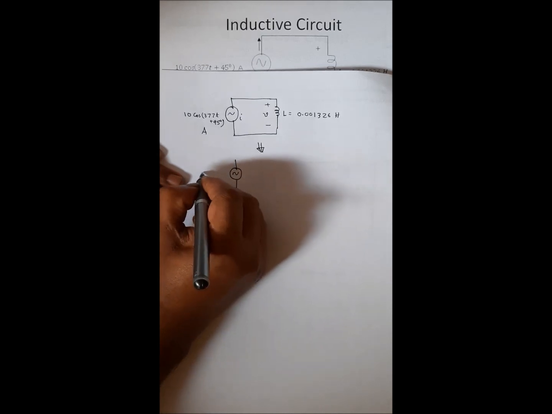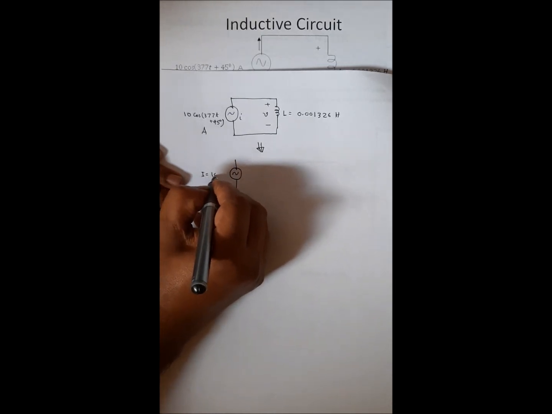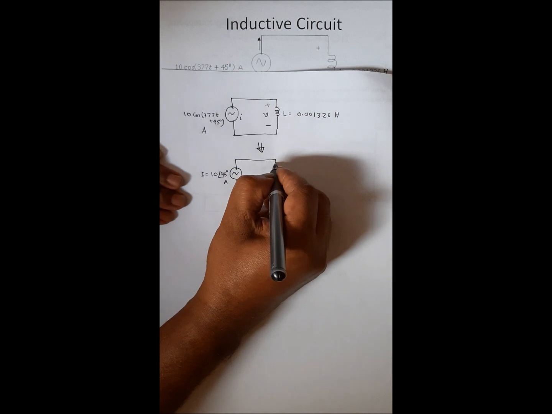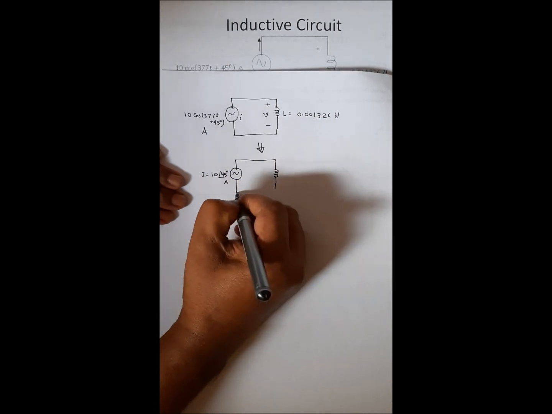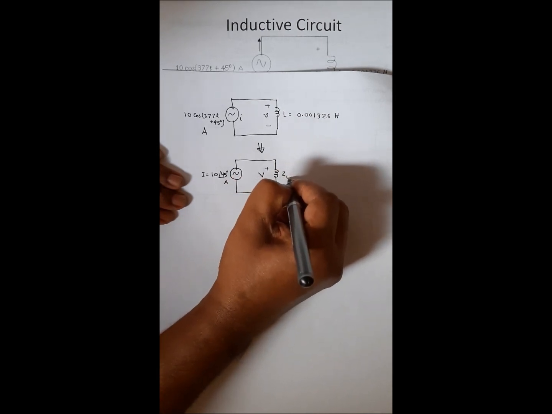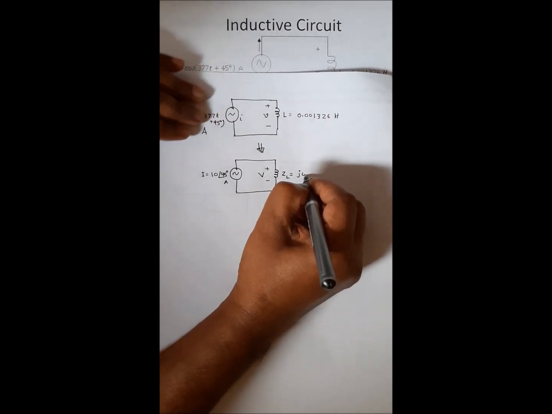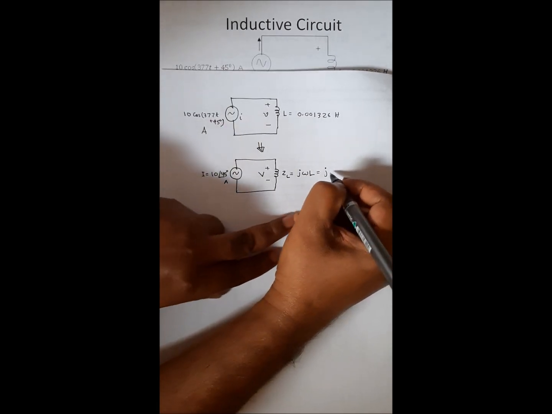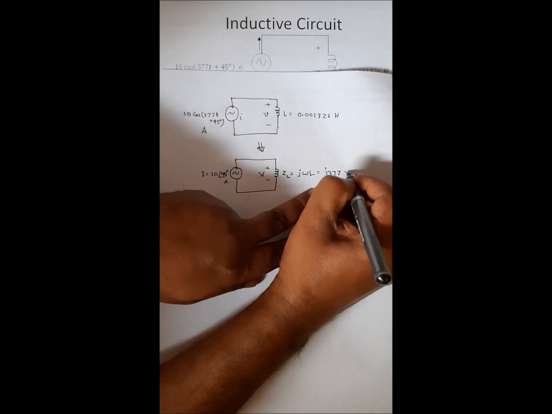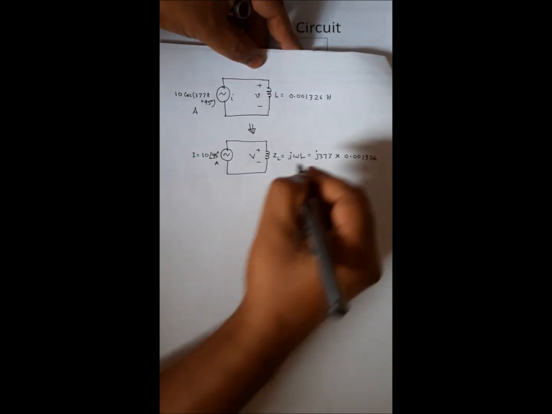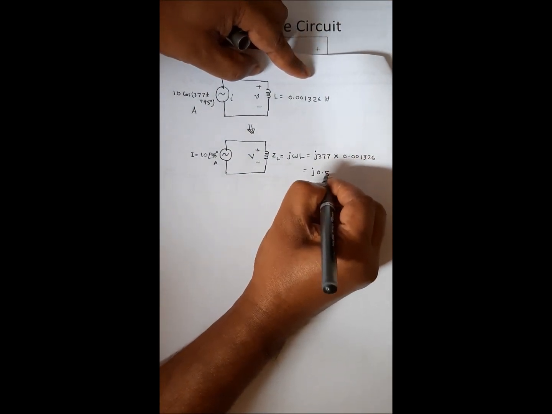In frequency domain, this current will be 10 at an angle of 45 degrees amperes, and the impedance will be ZL, and this will be V. ZL is equal to j omega times L, where omega equals 377 and L is equal to 0.001326. If I compute, this will be j0.5 ohms.